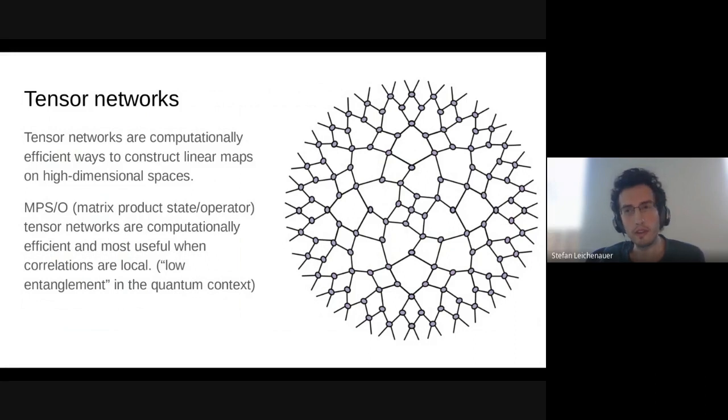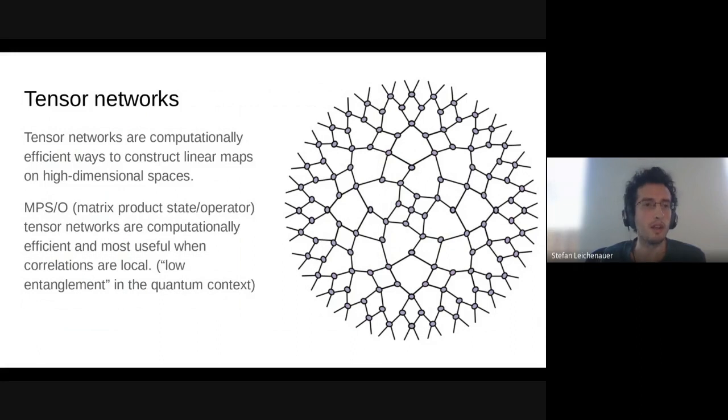But in physics, we have also learned that different kinds of tensor networks are useful for different kinds of problems. You should use a tensor network whose topology, whose graph, encodes in a nice way the statistical correlations of your problem. That's where it's most effective.